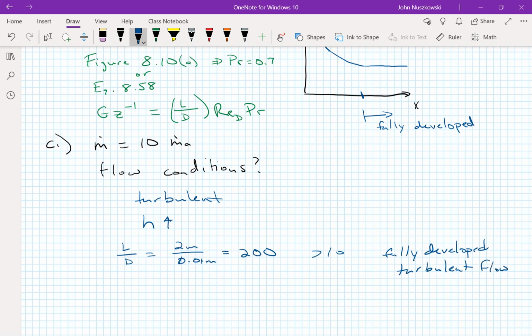Then we can just use our relationship, the Dittus-Boelter correlation. Depending upon these different conditions tells you how you have to get your Nusselt number, which gets you your convection coefficient.